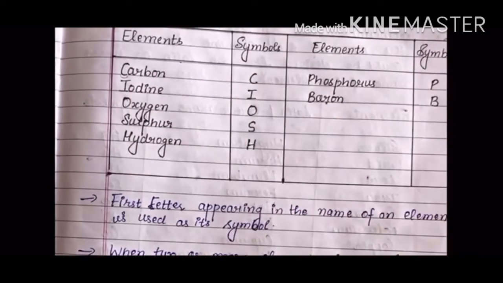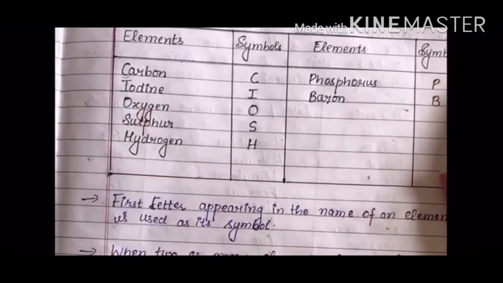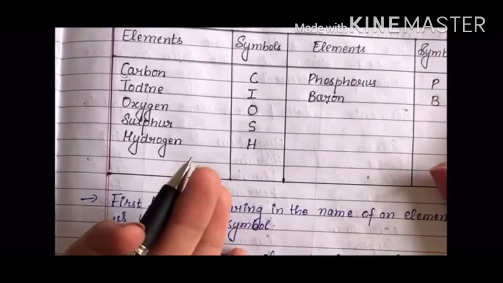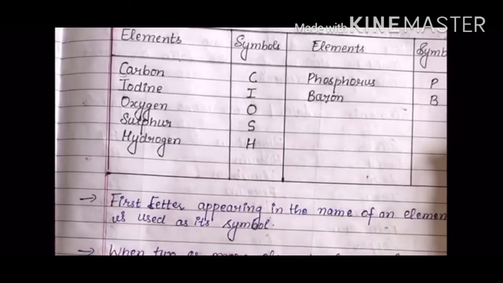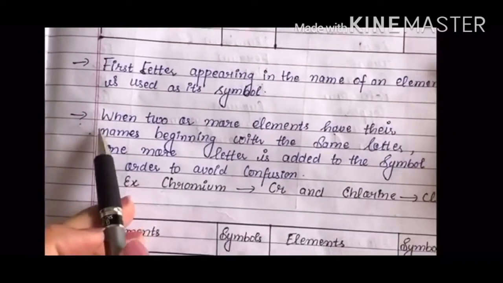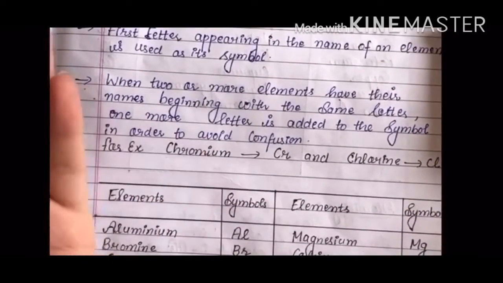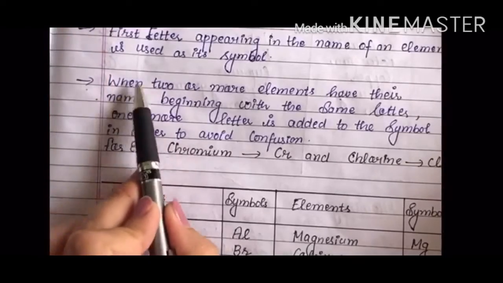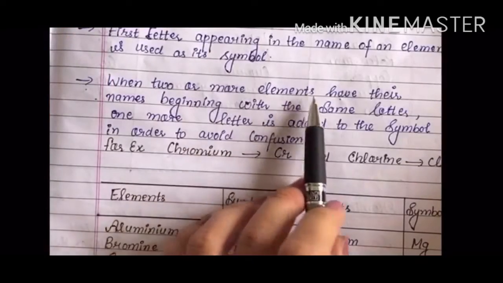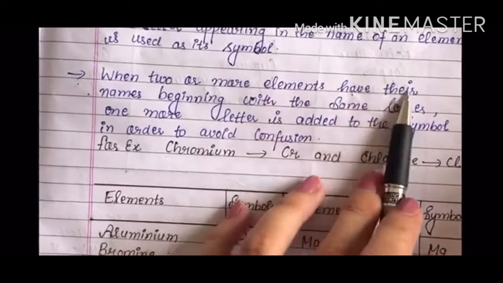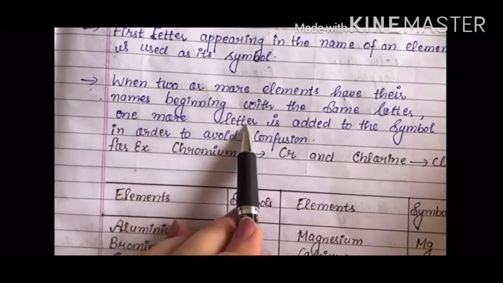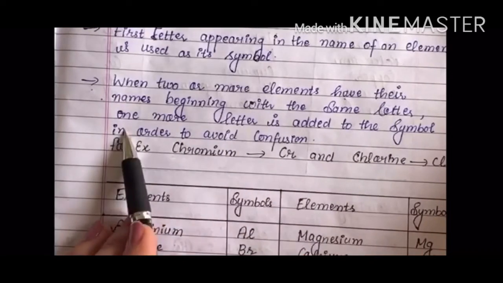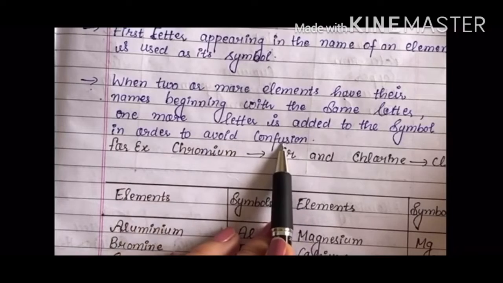But this criterion does not hold for all the elements, because there are some elements whose names start with the same letters. In this case, we have to use another letter. When two or more elements have their names beginning with the same letters, one more letter is added to the symbol in order to avoid confusion.